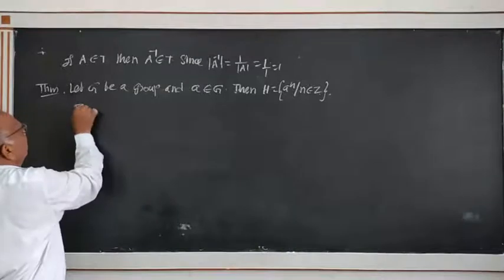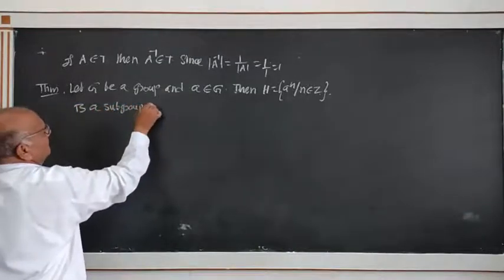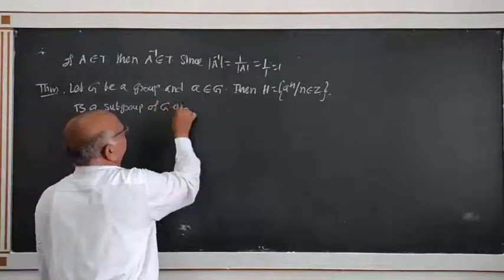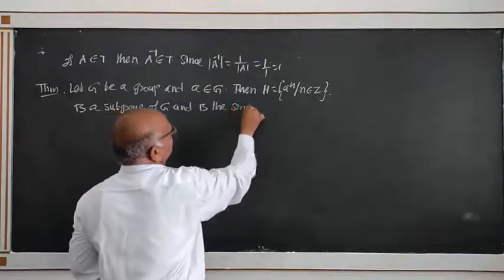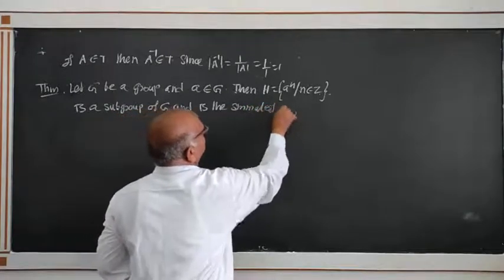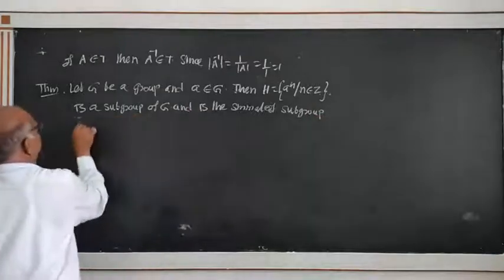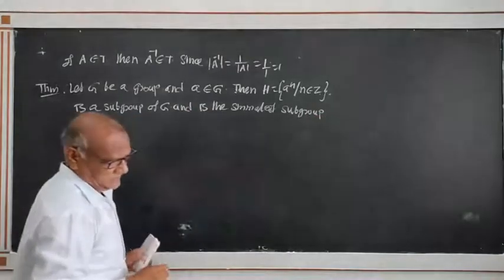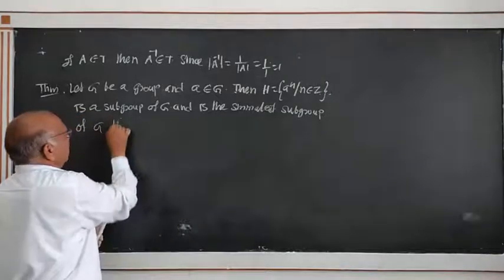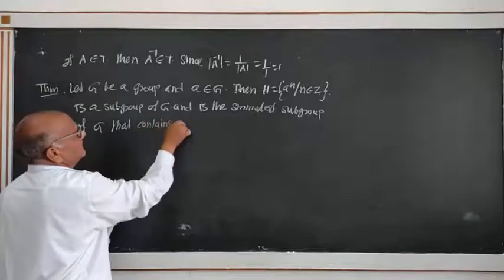and is the smallest subgroup of G that contains e.